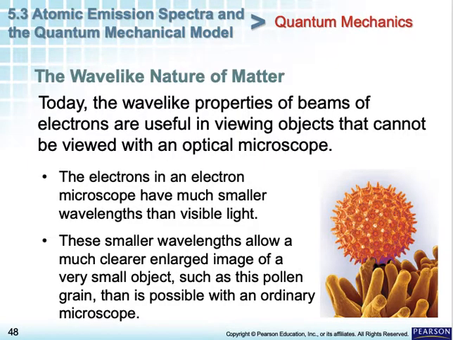So in this picture, an electron microscope is used because it has a smaller wavelength, and so then we can get these pictures. I think this is a pollen grain, and we would not ever be able to see that with a traditional microscope.